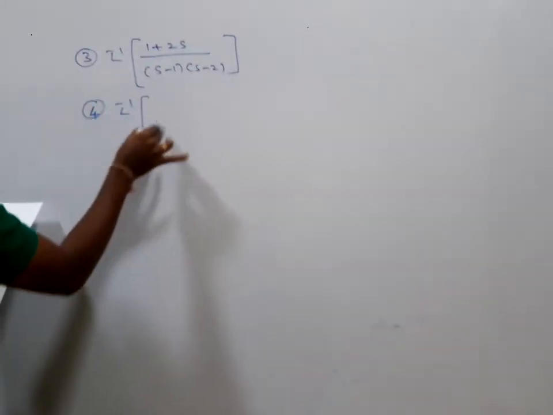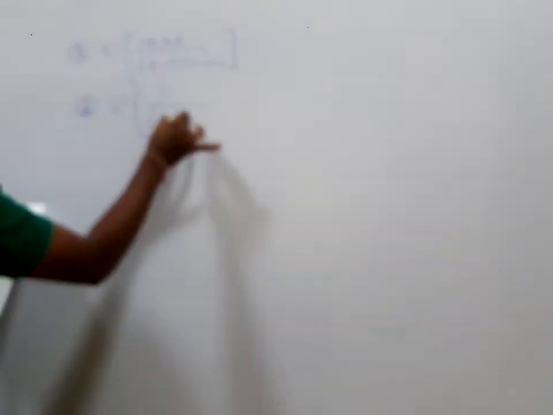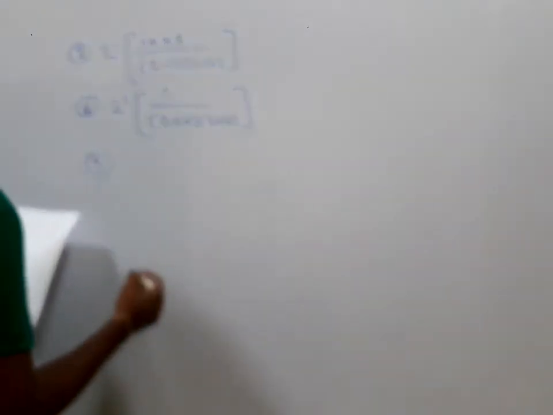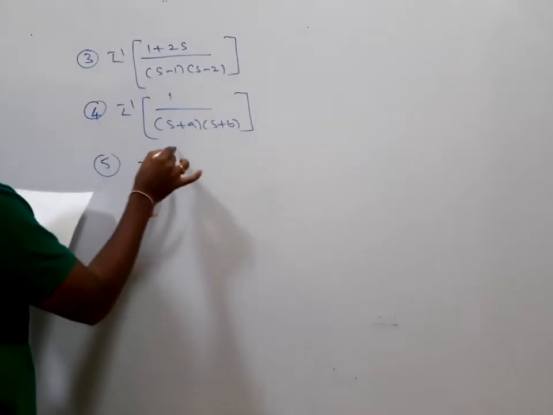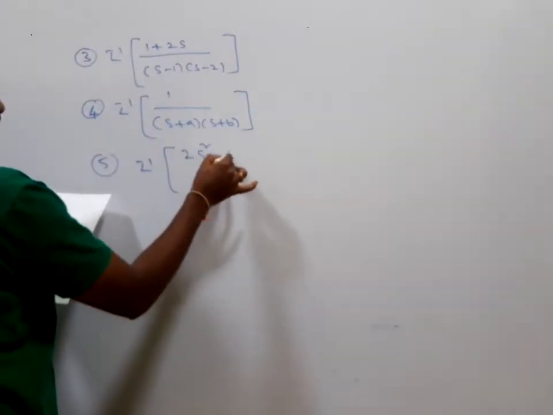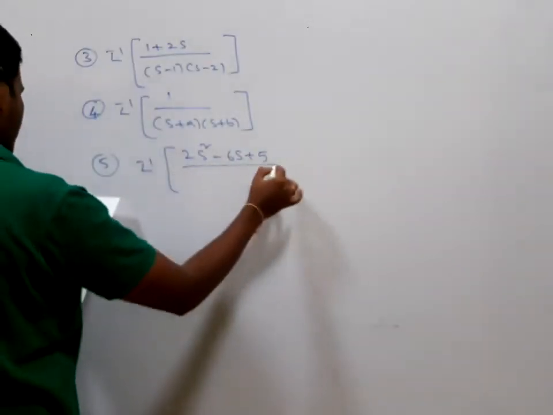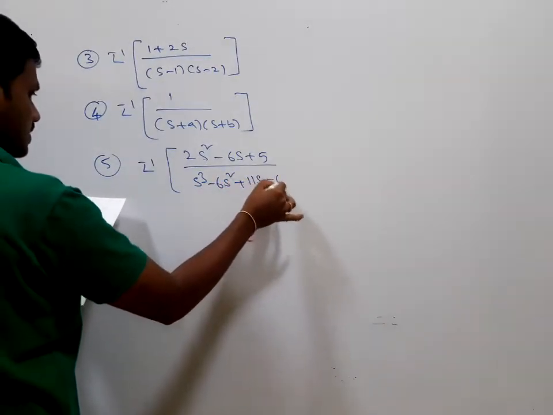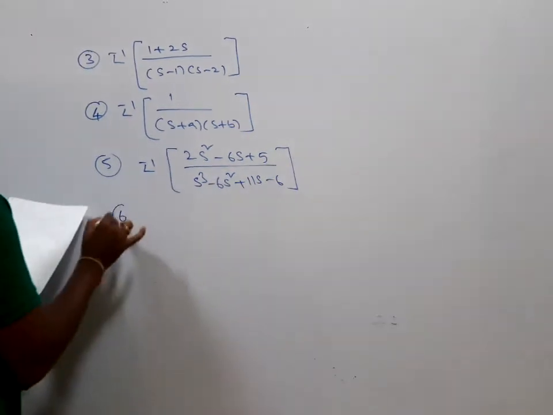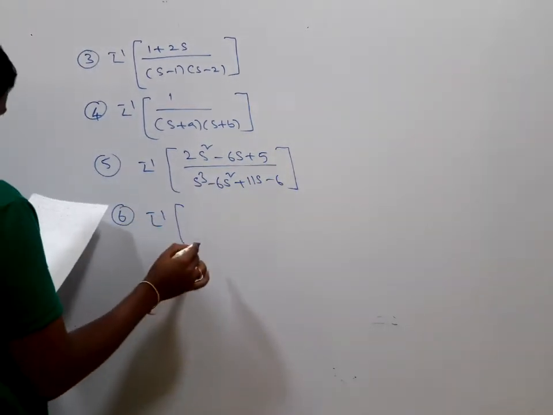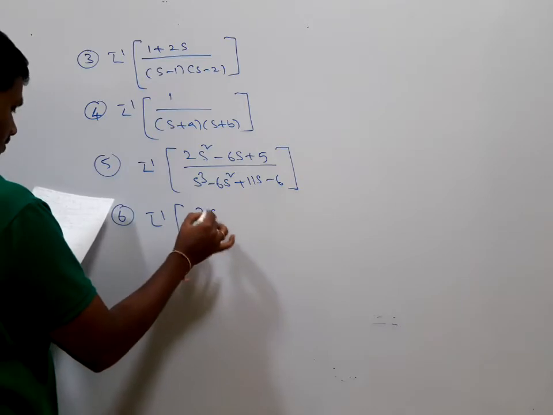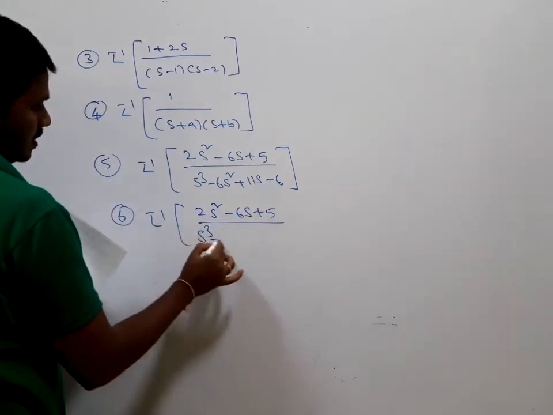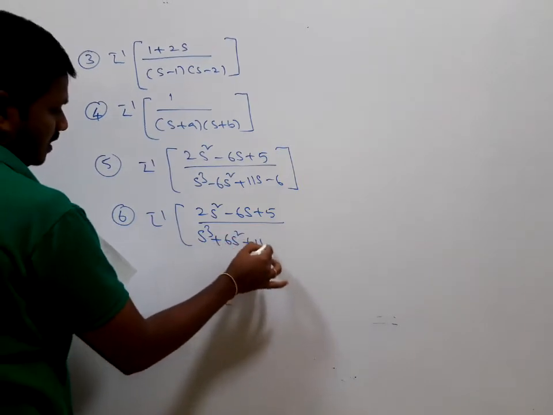L inverse of 1 by (s plus a)(s plus b). They are simple fractions. L inverse of (2s square minus 6s plus 5) divided by (s cube minus 6s square plus 11s minus 6). L inverse of the same 2s square minus 6s plus 5 divided by s cube plus 6s square plus 11s plus 6.